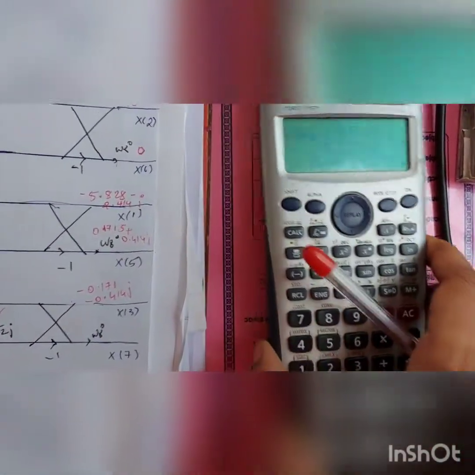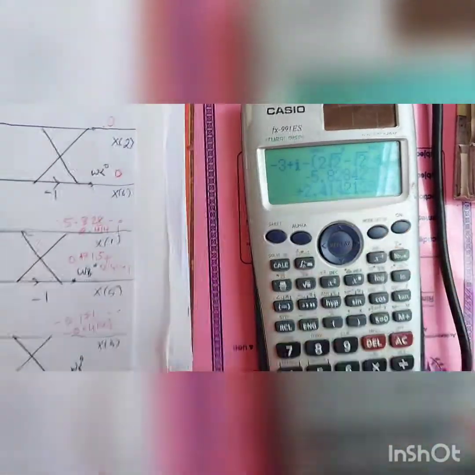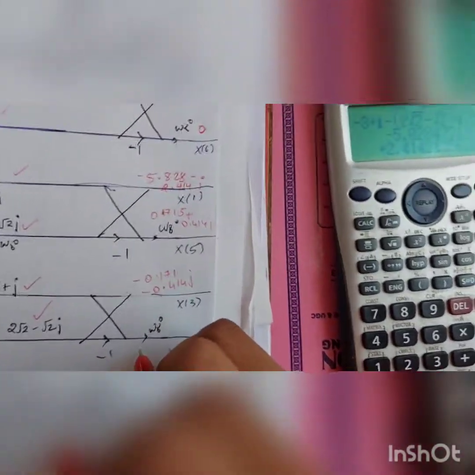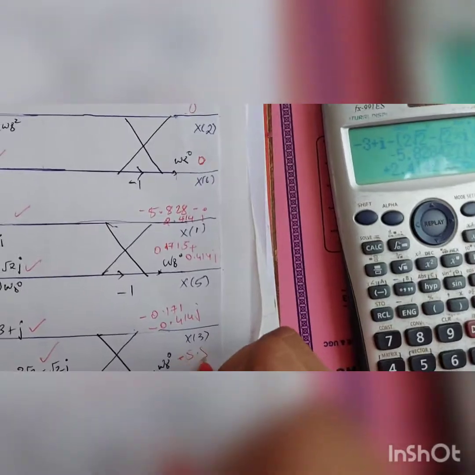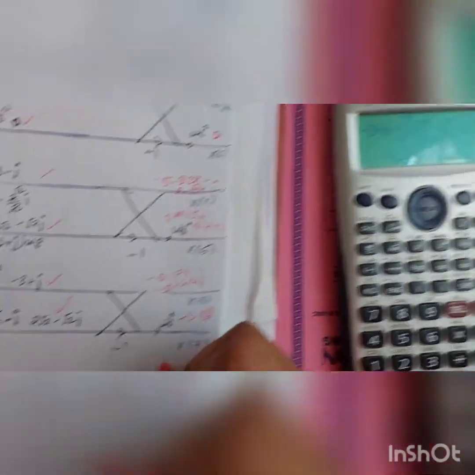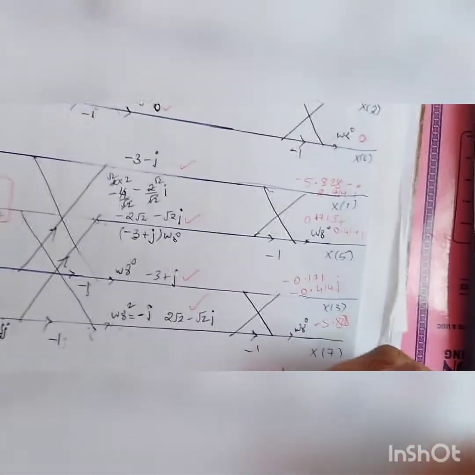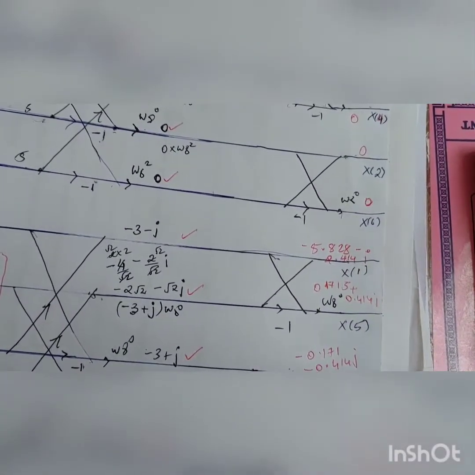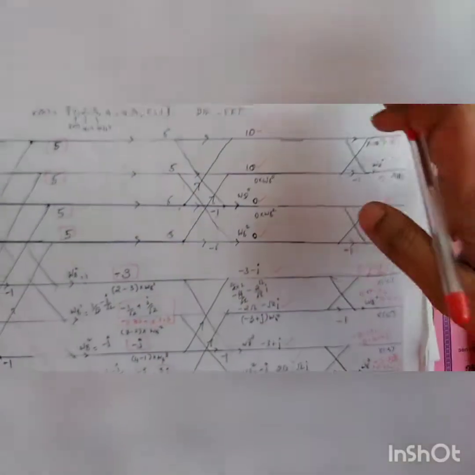So you can see the answer, minus 5.828 plus 2.414j. Okay, now you have all the answers.